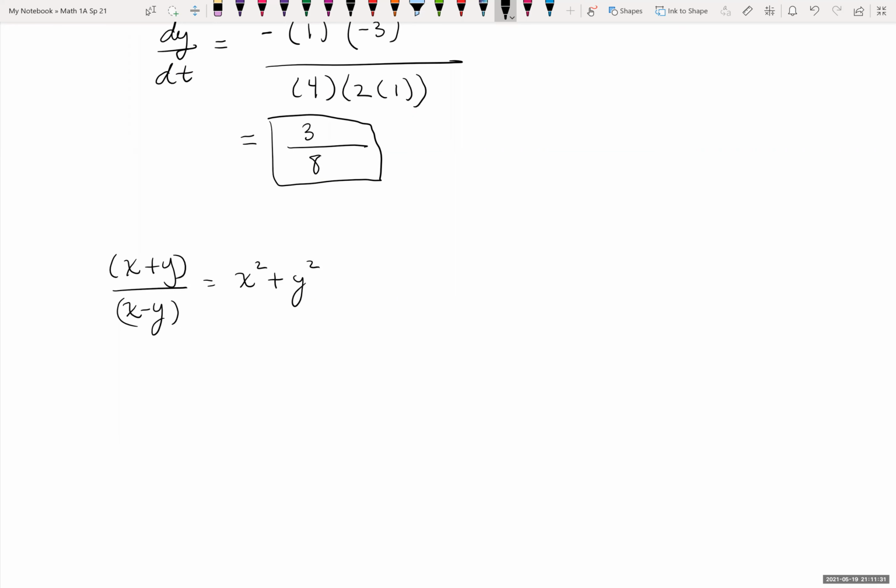We're given that dx dt is equal to 12, and we want to find dy dt when x equals 1 and y equals 0.